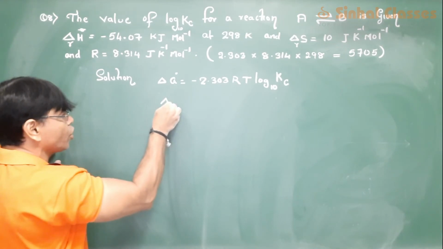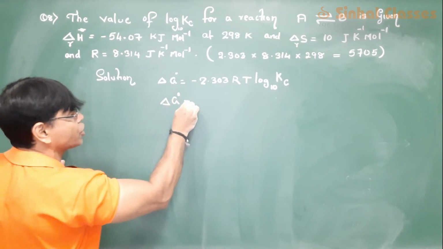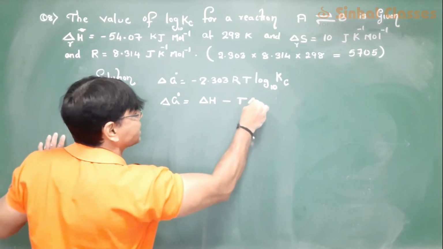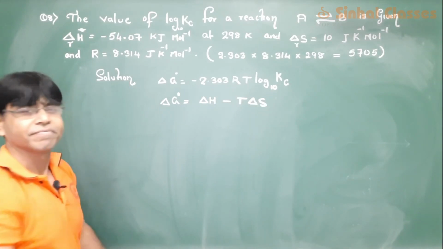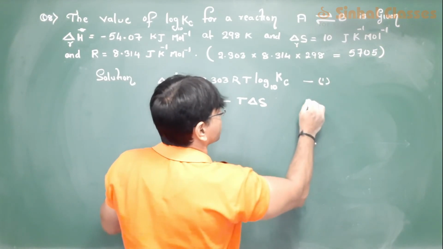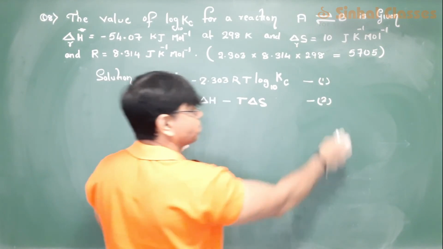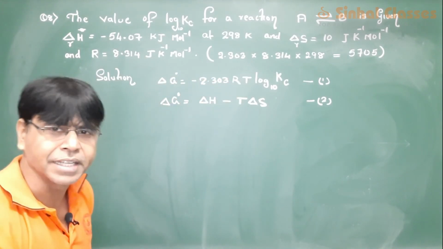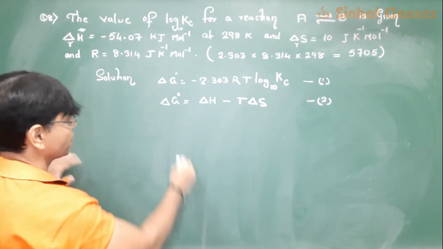And we also know that delta G is equal to delta H minus T delta S. You must be quite familiar with these two equations. Since the left hand side is the same, the right hand side should also be equal.